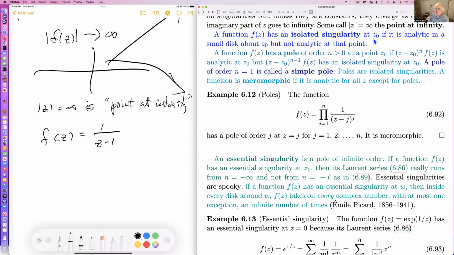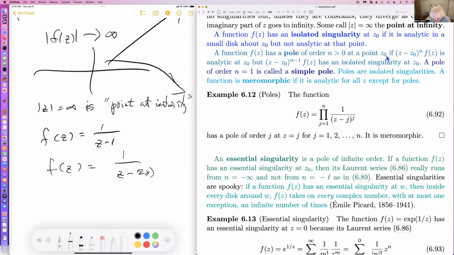That has a singularity at z equal to 1, and in fact, it has a pole of order 1 at z0 equal to 1.